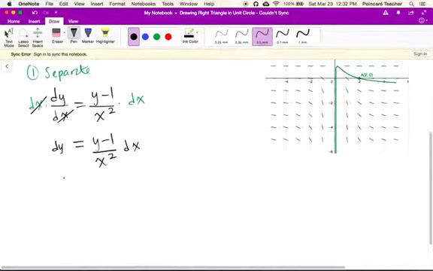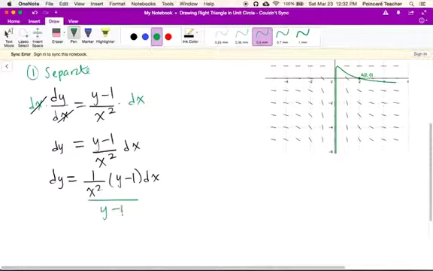Okay, so I'm going to have to rewrite the right side here so that it could be a little more apparent about how I'm going to get this y minus 1 to the other side. I'm going to want to divide it, so I'm just going to do it like this. I'm going to rewrite the right side as 1 over x squared multiplied by y minus 1 dx. Now I can see that I'm going to want to divide both sides by y minus 1.